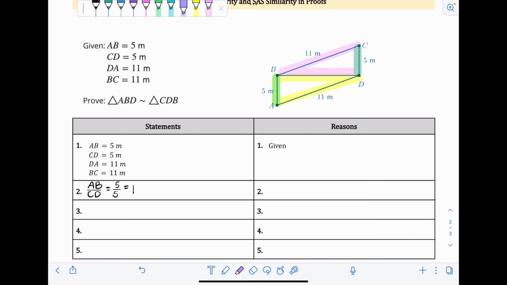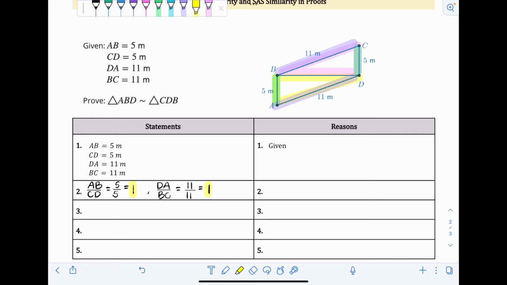The second pair is DA and BC. So for the second ratio, DA over BC, DA is 11 and BC was 11 as well, and 11 over 11 simplifies to 1. So far so good, because they both ended up being 1.